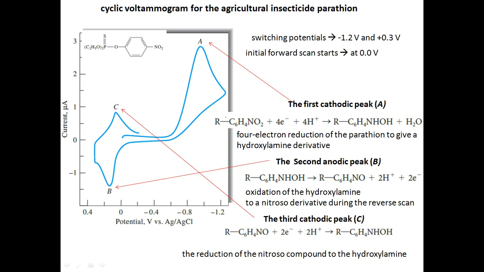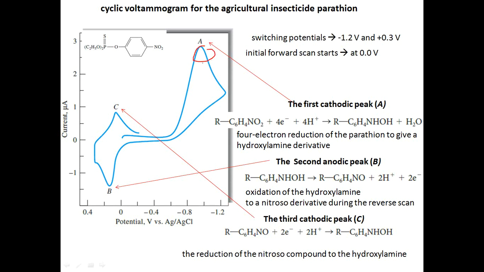Now in this cathodic peak the reaction is one where the nitro group is reduced to a hydroxylamine derivative, right? It takes up 4 electrons and 4 hydrogens from the system to convert into a hydroxylamine derivative. So this occurs in this particular region, where the peak height is the cathodic peak.